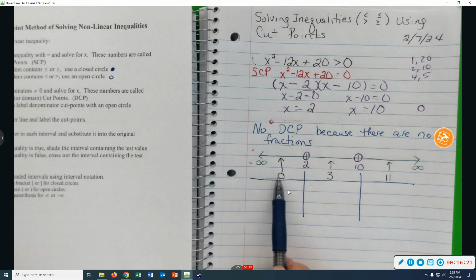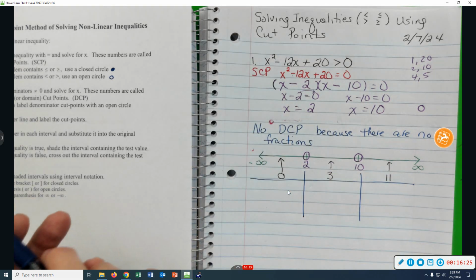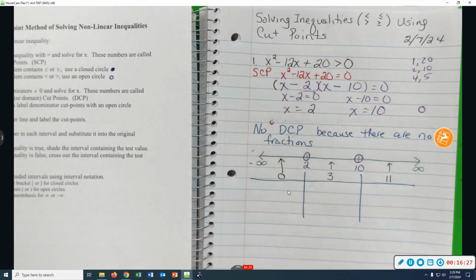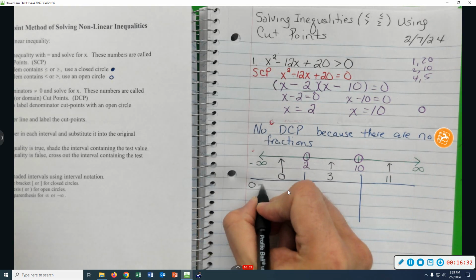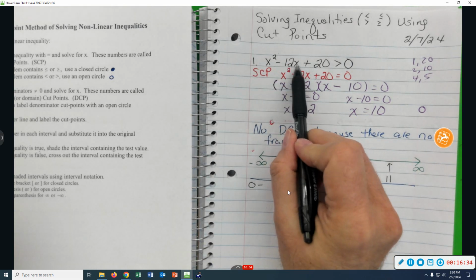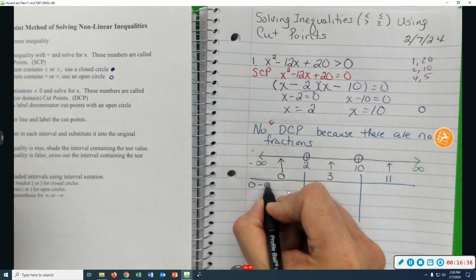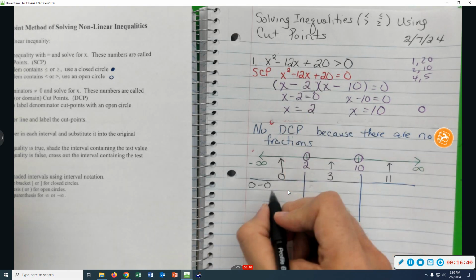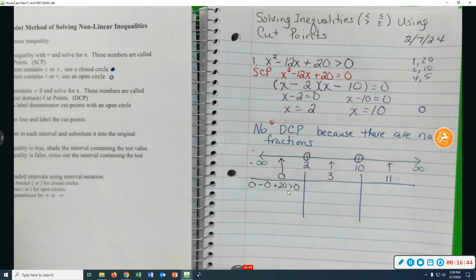So let's substitute 0 into the original problem right there. 0 squared would just be 0. Minus 12 times 0, what's that going to be? 0. And then we still have plus 20 is greater than 0.